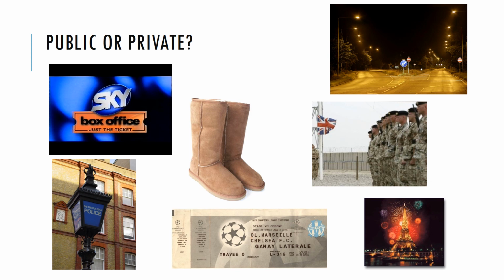By me watching the film, does that mean there's any less for anybody else to watch? No. So it possesses that characteristic of non-rivalry. What about non-excludability? Can we exclude people from watching this particular boxing match or football match or movie? Well, we can because they have to pay to unlock it. So this, in the top left-hand corner, we would say is a private good because we can exclude people from the benefit.